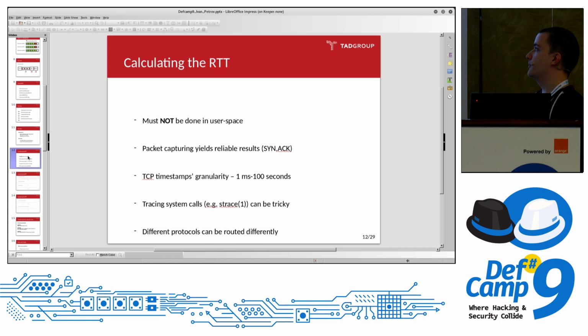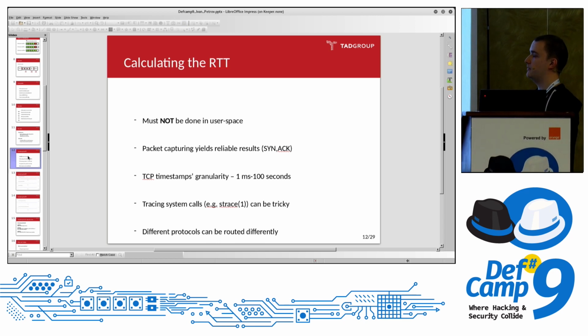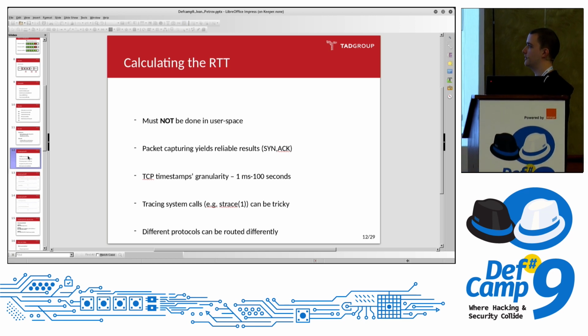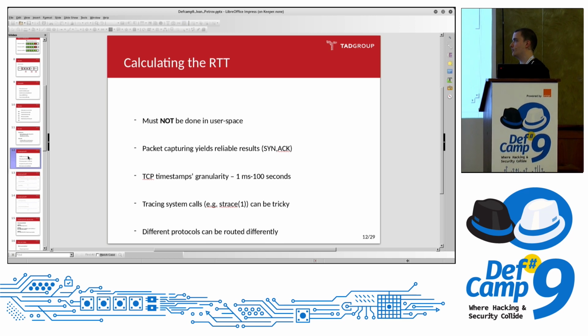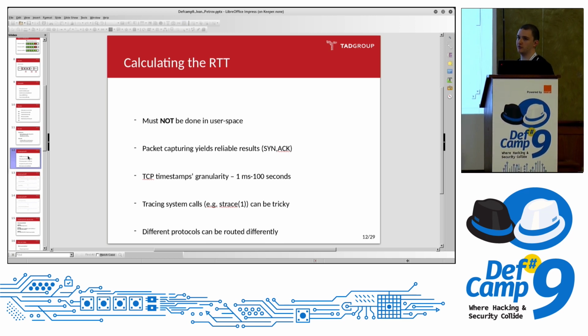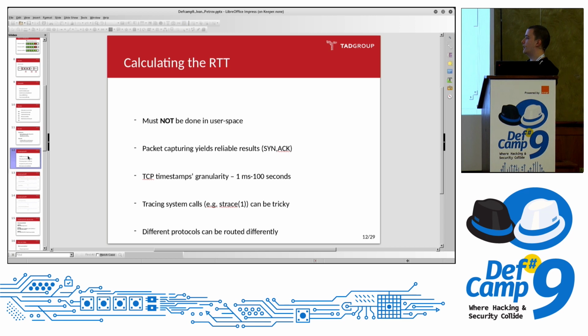Regarding the round-trip time, what we actually did to calculate it is that we didn't do it from user space. We clarified that because user space is not reliable, especially for networking. But what was pretty reliable was packet capturing. We captured a couple of packets. We estimated the time based on the SYN and ACK packets. And as I said, TCP timestamps don't work that well, as their granularity is 1 millisecond. strace can be tricky, and different protocols can be routed differently.